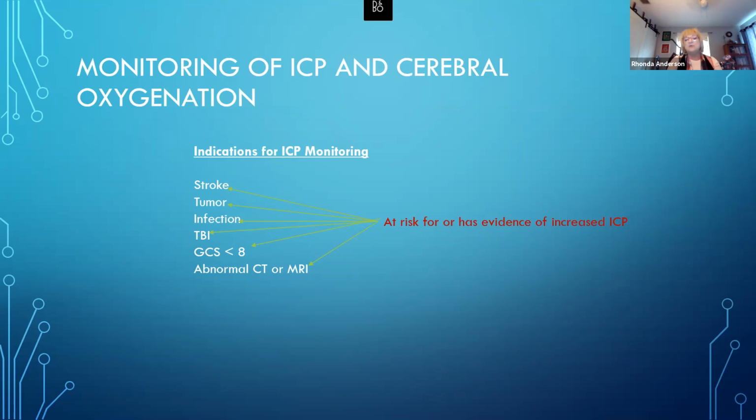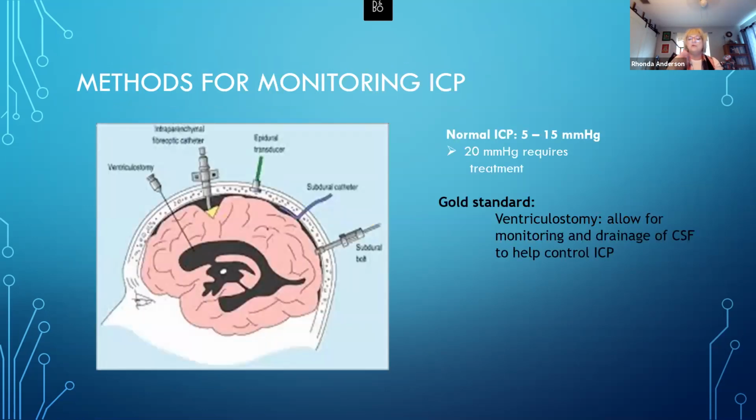And if there's an abnormal CT or MRI that has the healthcare provider concerned. Normal ICP, like we said, is 5 to 15. Once ICP is 20 millimeters of mercury or higher, it is going to require treatment.